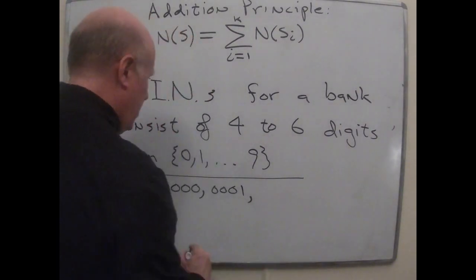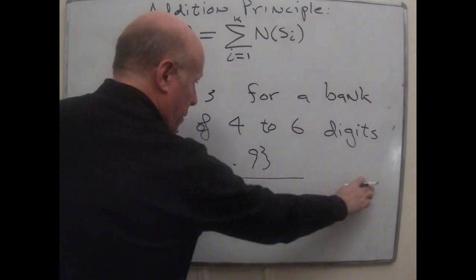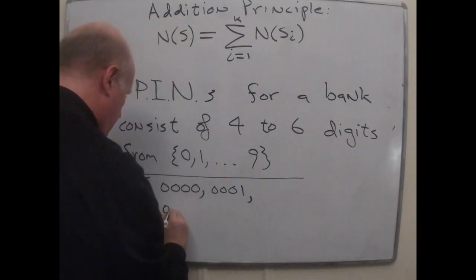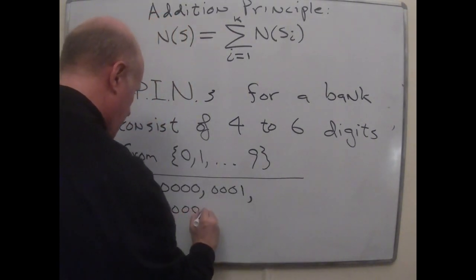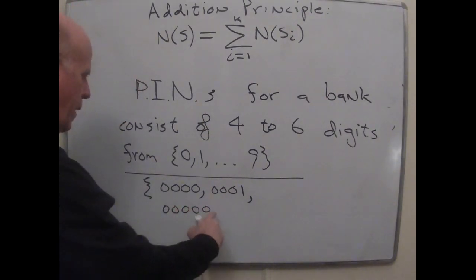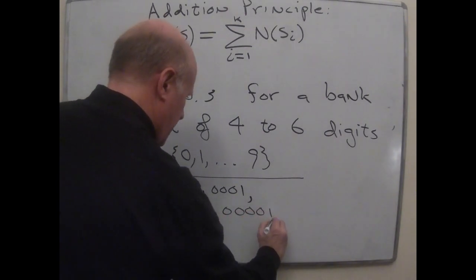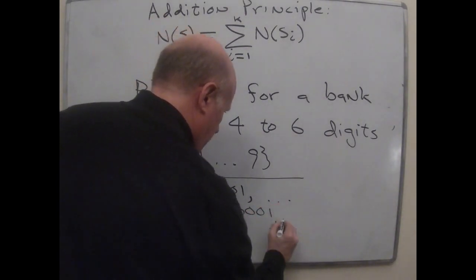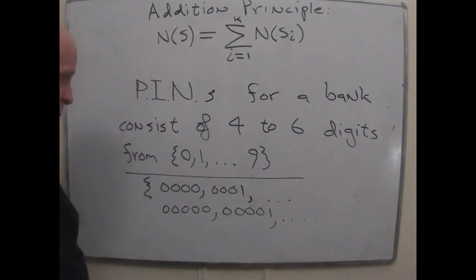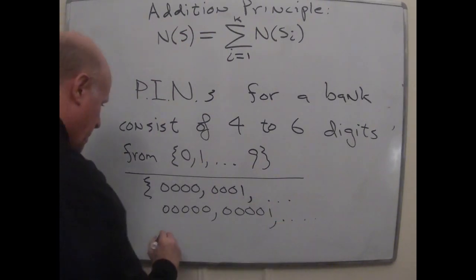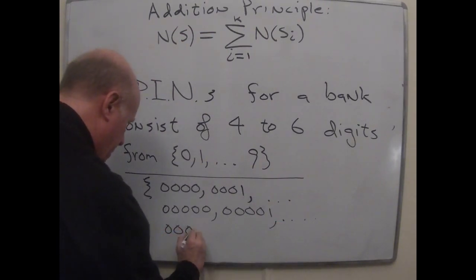Well, 0, 0, 0, 2, and so on. Then there'd be another row that starts with 5 zeros, then 0, 0, 0, 0, 1, and both of these go quite a long distance. And finally, the next line would be the 6-digit PINs that begin with 6 zeros.